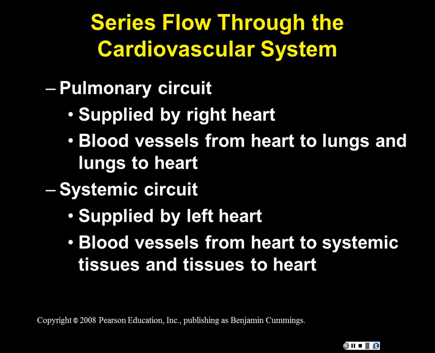Conversely, our systemic circuit does originate from the left ventricle, where our blood pressure is at the greatest, and takes the blood to the rest of the body to serve our tissues. What type of gas exchange happens at your systemic circuit?